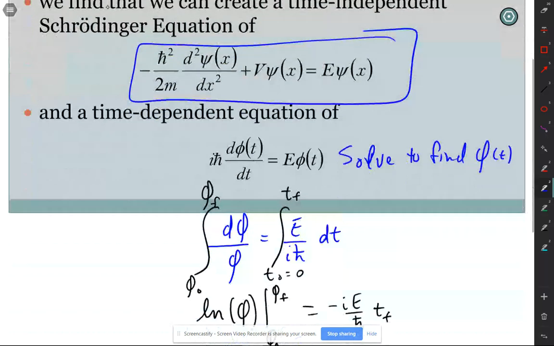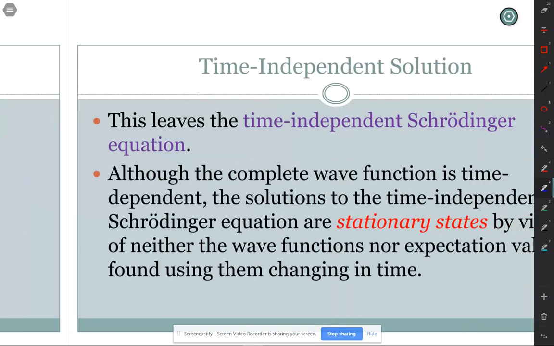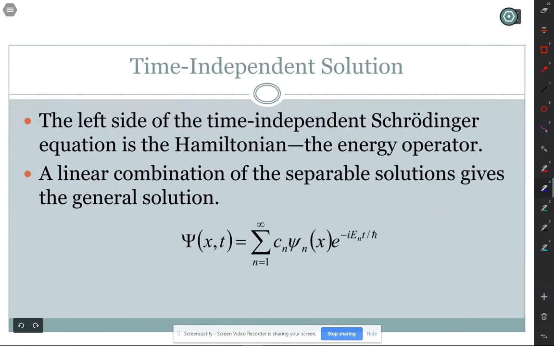And then we will combine them. So there's the solution we just did. Then we combine them to say that our complete wave function is equal to, and let's just look at this here for now: this is the spatial solution, the psi, times the time solution.